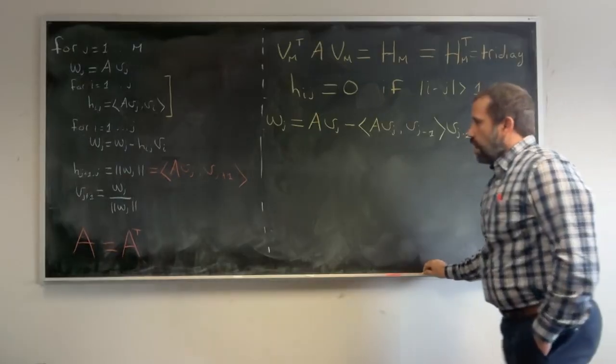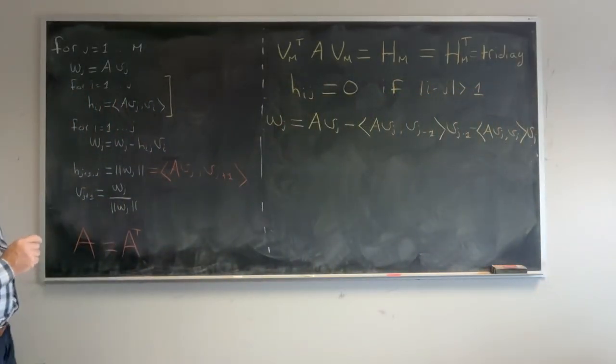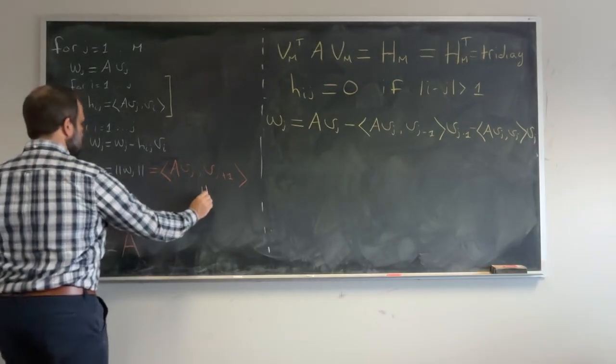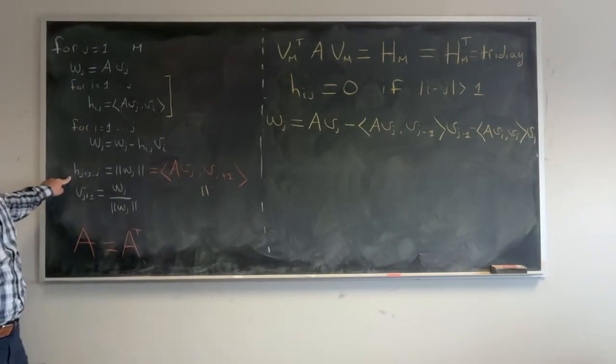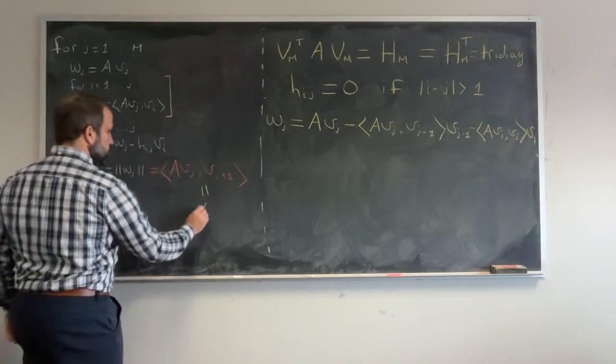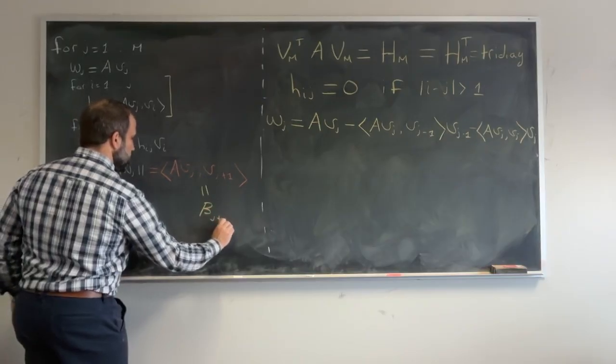Okay, let me introduce the notation now. This quantity right here, h_{j+1,j}, is called beta j plus 1.